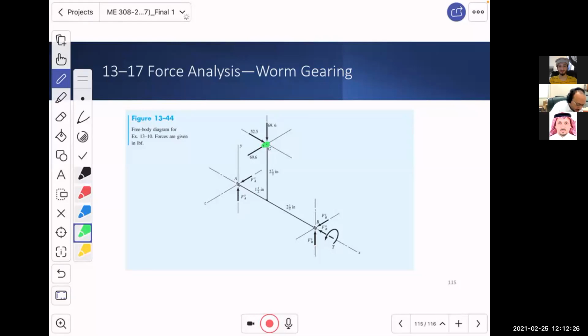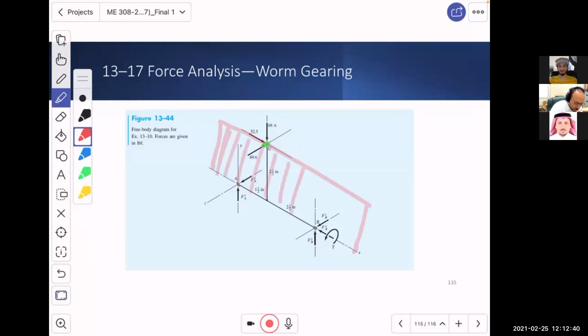What I'm trying to tell you is that this vertical plane has all the forces except a few. This force is out, this out, and this out. But the remaining are acting in the plane, the red one.